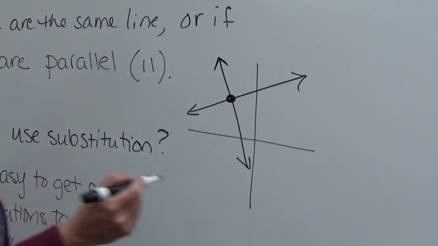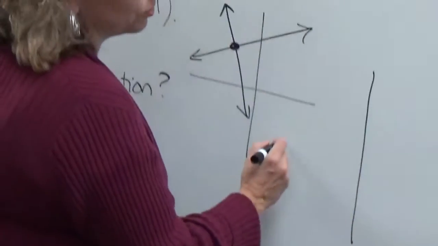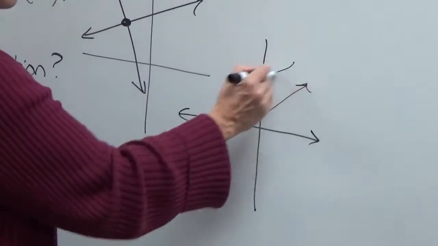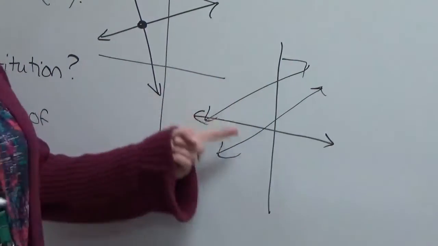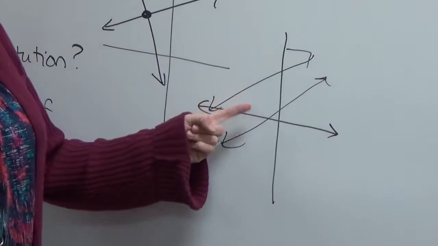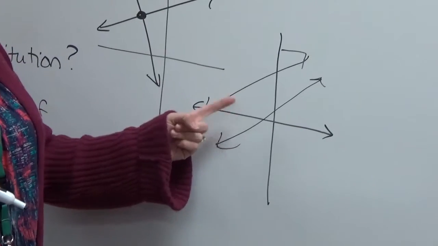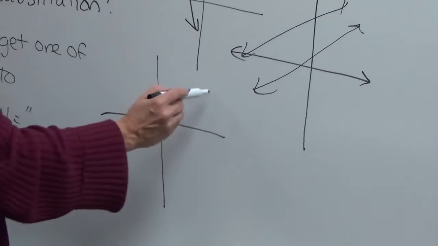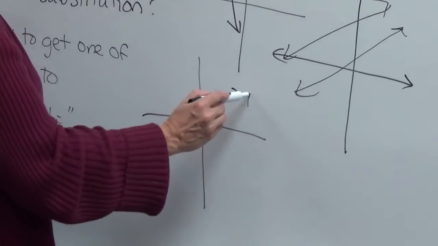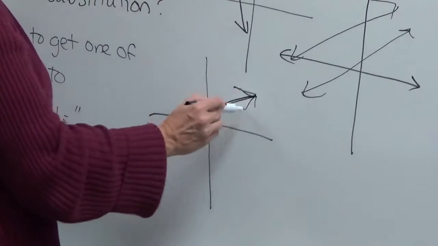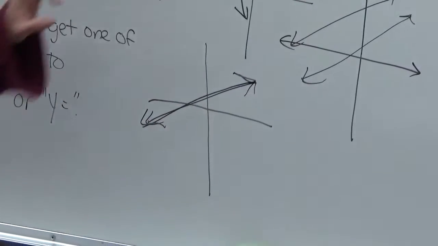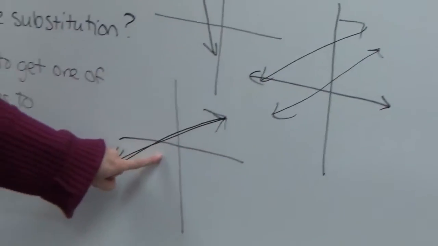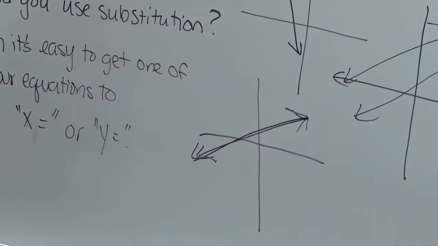In the second type of problem, you might have found that there was no solution, because the two lines were parallel. We know that parallel lines have the same slope, so remember that. And in the third type, you found that one line was actually the same as the other line, so there are infinitely many solutions. So we're either looking for one solution, no solution, or infinitely many, just like in graphing.